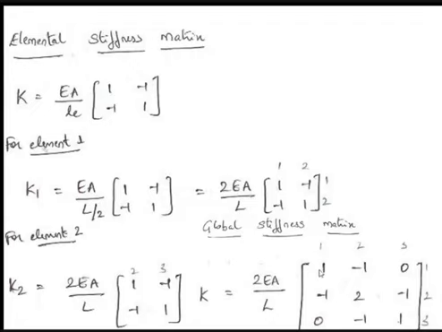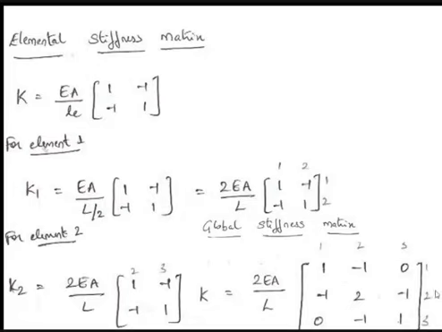Then 2 cross 1, if you observe, it is minus 1. 3 cross 1, 3 is not associated to node 1, so it is 0. So I have got the first row values. Write down the column because it is a symmetric matrix. So minus 1, 0.